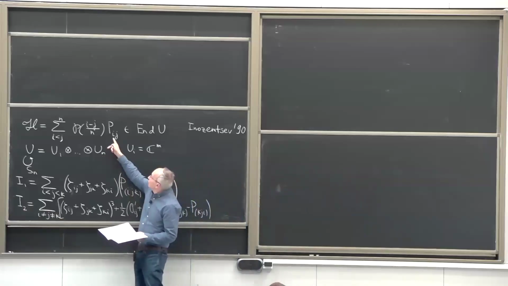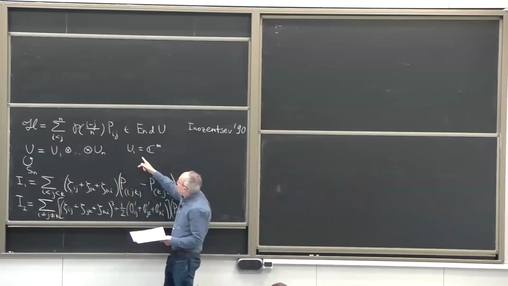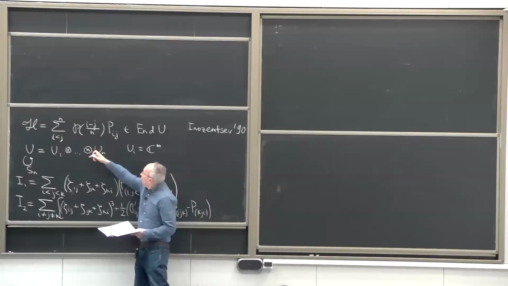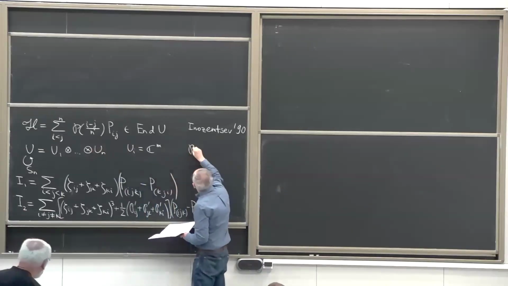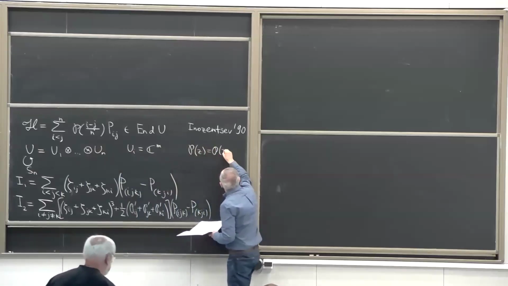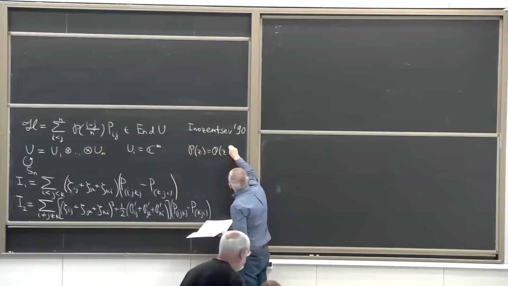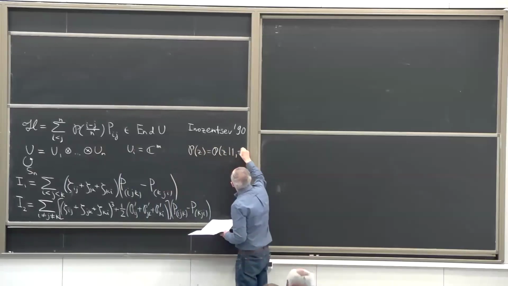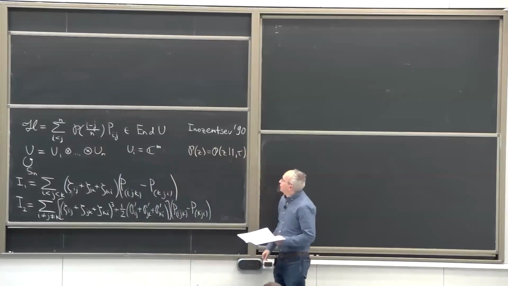Here you have the Weierstrass P function, so the elliptic P function, with periods 1 and tau.